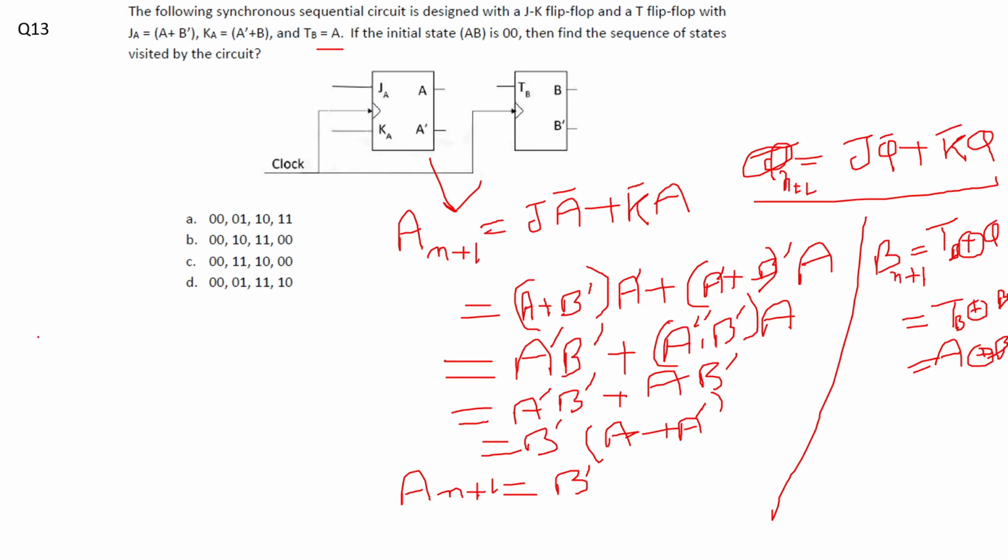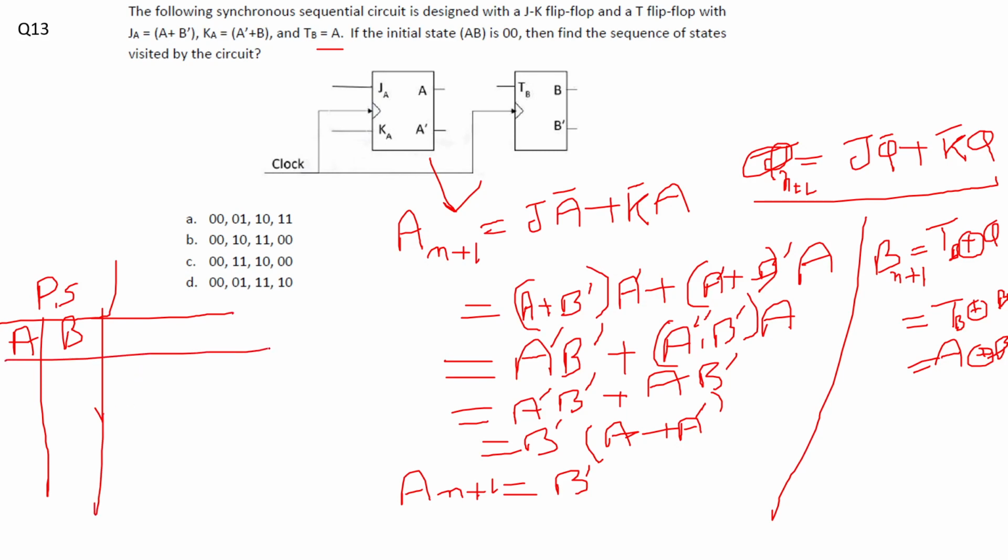Now let me draw the table. I have in present states A and B, these are my present state, and then I have the next states A plus and B plus.